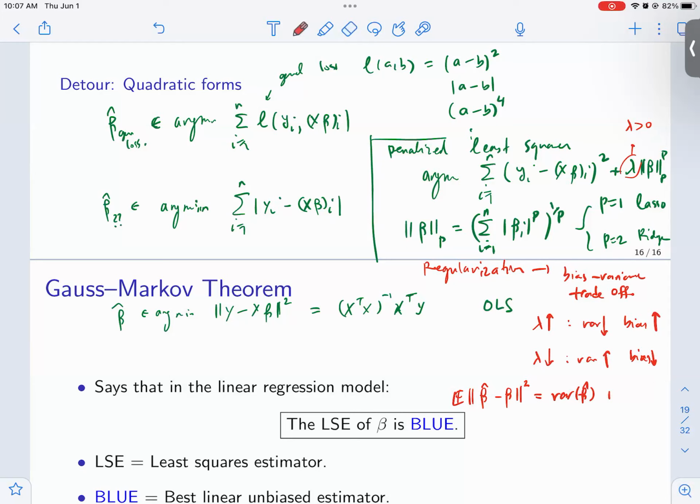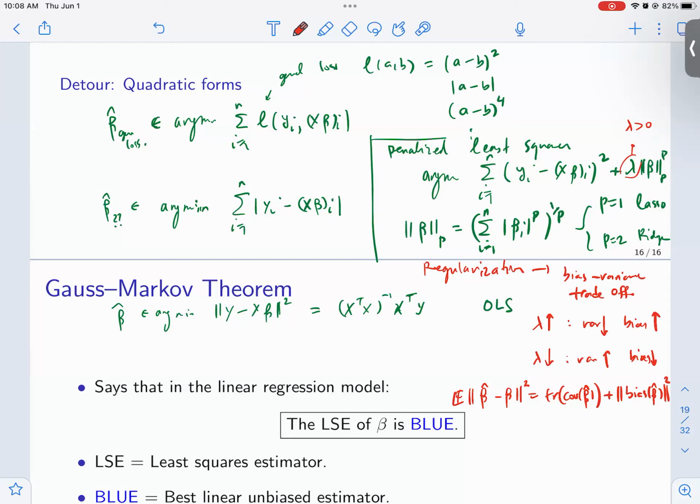Let's say beta hat was just univariate. I can try to write this properly, but trace. Most likely it would look like this, I hope. Trace of the covariance of beta hat, which is like the sum of the variances, plus bias of beta hat squared.